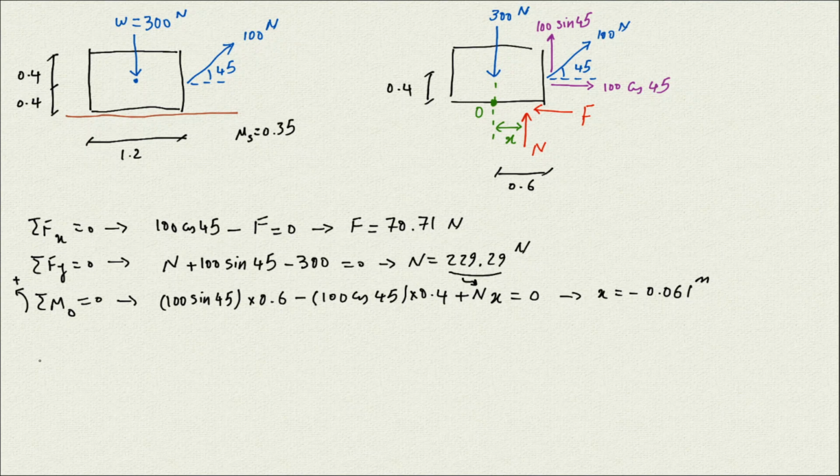To know if it moves or not, we have to calculate the maximum friction. So the F max is basically Fs, which is equal to mu(s) times N. We know the mu(s) is 0.35, and the N is 229.29, which gives us 80.25 newton.